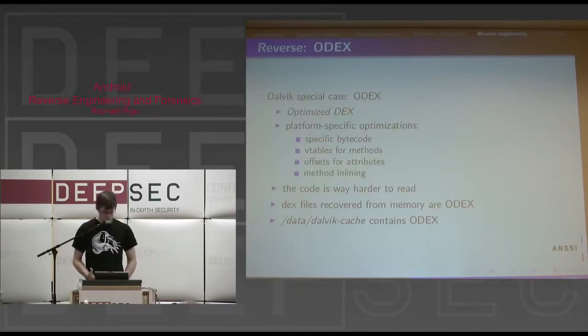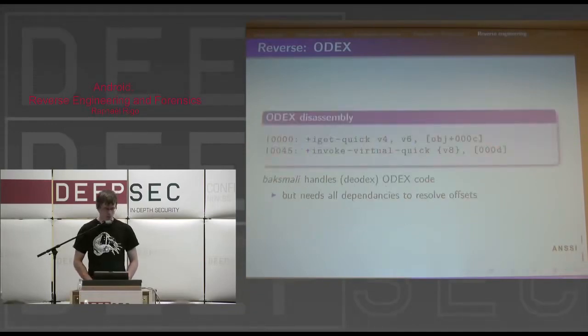But if you try to recover Dex files from memory directly, or if you find some traces in Dalvik cache of an application that is not here anymore, you will have to reverse it. And as you can see, this small example shows that for attribute access, you can see the object plus C, so you completely lose the attribute name.